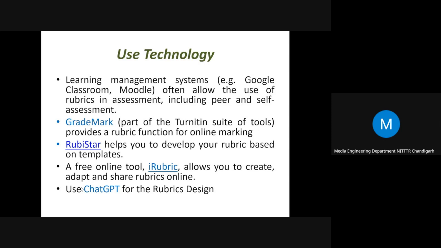These are mostly free online tools, which can be used to develop the rubric, apply the rubric, or share the rubrics. Similarly, we can use ChatGPT for developing our rubrics and performance descriptions. So we can use technology for saving our time. We should not use technology to replace our efforts, but to help in saving time.